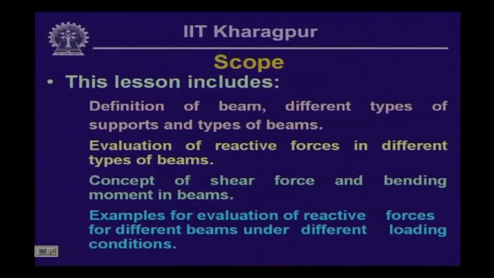The scope also includes the evaluation of reactive forces in different types of beams, the concept of shear force and bending moment in beams, and examples for evaluation of reactive forces for different beams under different loading conditions. We will evaluate the reactive forces in beam members, and consequently look into how to evaluate the shear force and the bending moment.